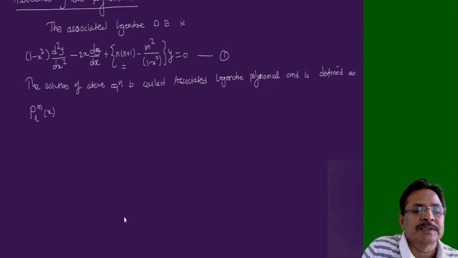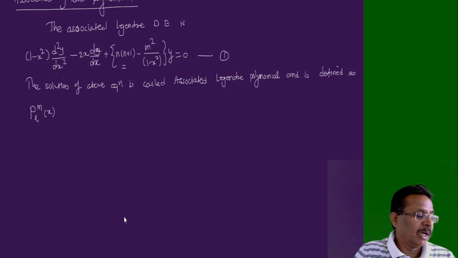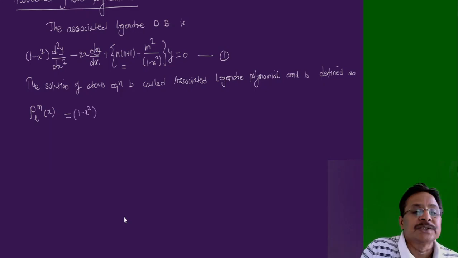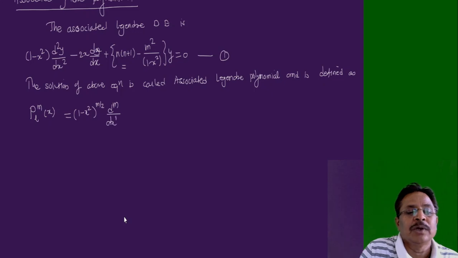P_n^m of x, defined by P_n^m of x, and this is given by (1 minus x square) raised to m by 2 into the mth differentiation, d raised to m upon dx raised to m of P_n of x.